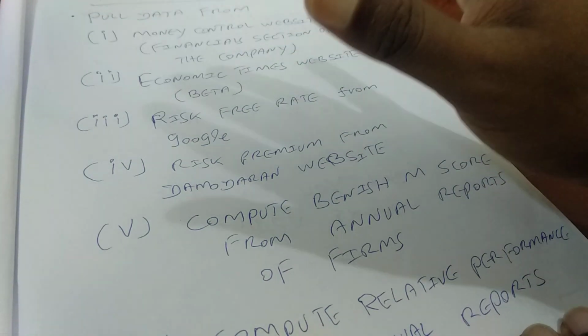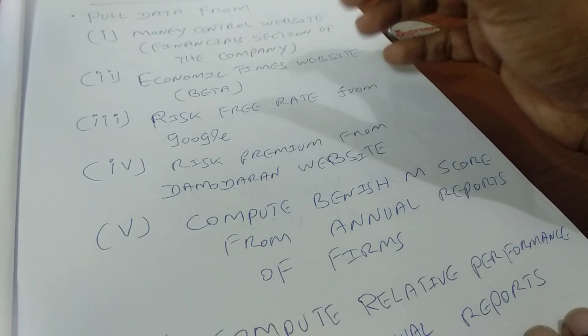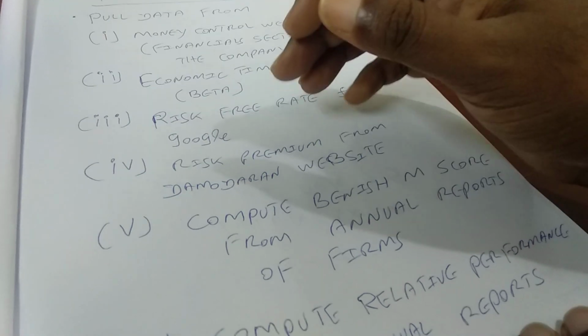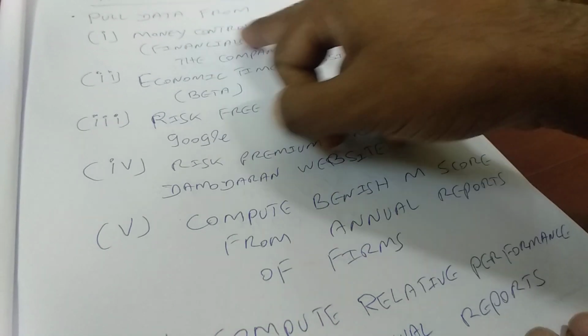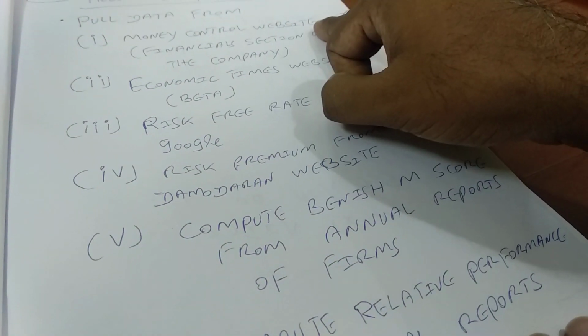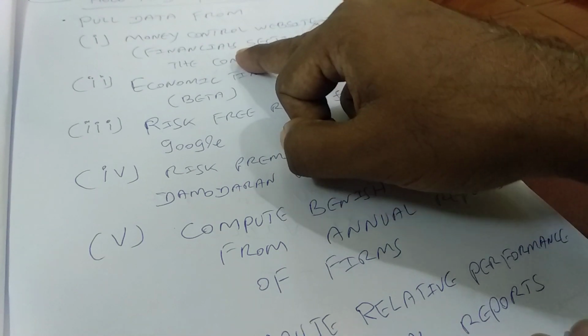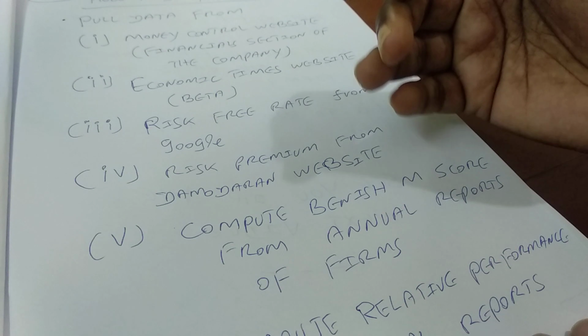So that means we have to make sure that we collect the data from various sources for all these fundamental variables, right? So what can be those sources of data? Number one, you may use the Moneycontrol website for Indian companies, wherein you can just go through the financials section of these companies. You can get to know about the balance sheet numbers.